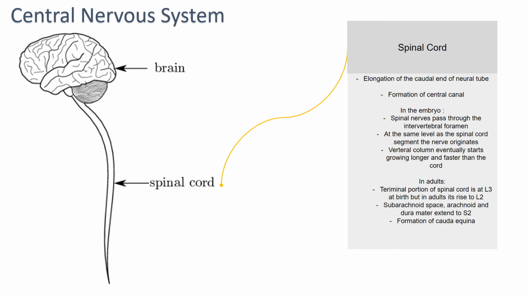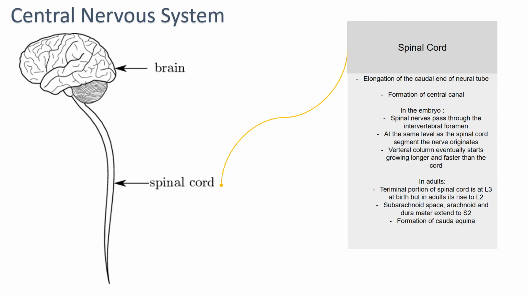In an embryo, the spinal cord reaches to the very caudal end of the vertebral column, and the closer we get to the end of the embryonic period, which, if you remember, was week 8 of development, the vertebral column itself is going to start to grow quite rapidly.